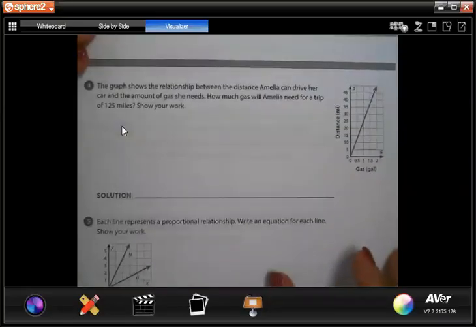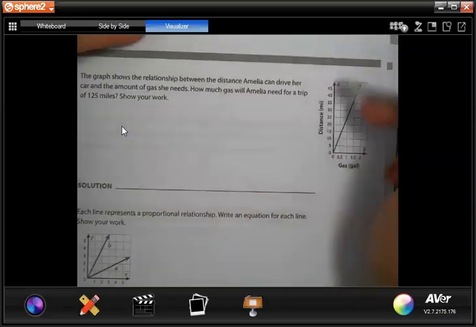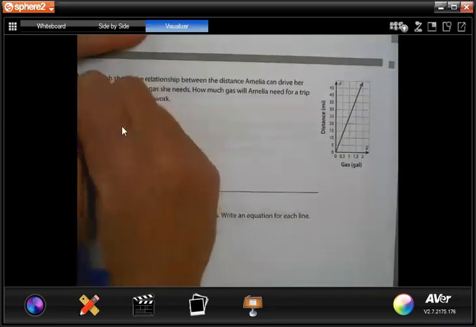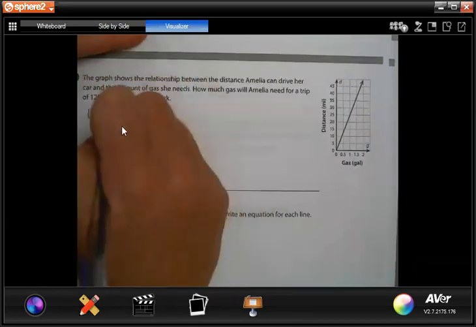All right, let's take a peek at number 4. The graph shows the relationship between distance Amelia can drive in her car and the amount of gas she needs. How much gas will Amelia need for a trip of 125 miles? All right, well, unfortunately, this doesn't go up to 125, does it? Nope, it doesn't. But what we can do is find the unit rate, aka constant.